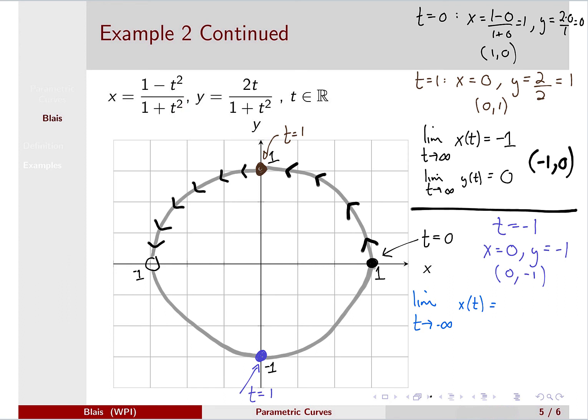So going to -infinity will not be a different result than if we were going to +infinity. The ratio of the dominant terms is -1, and so we will get -1.